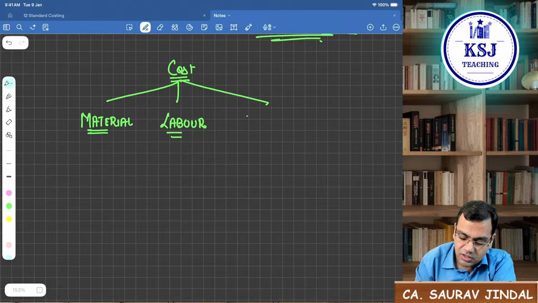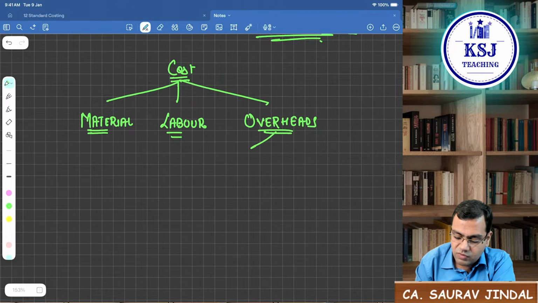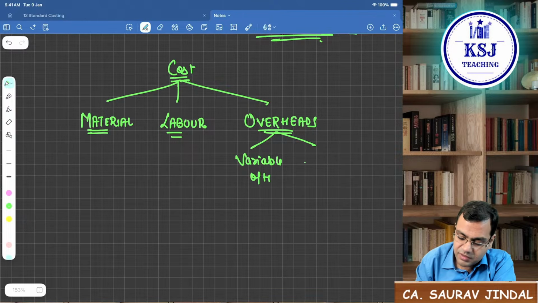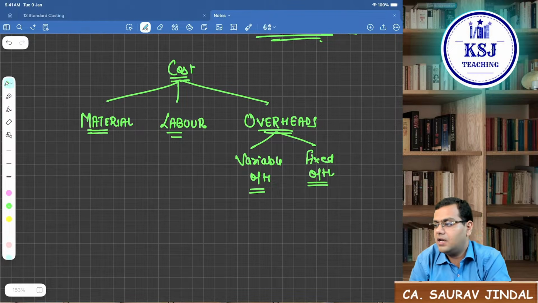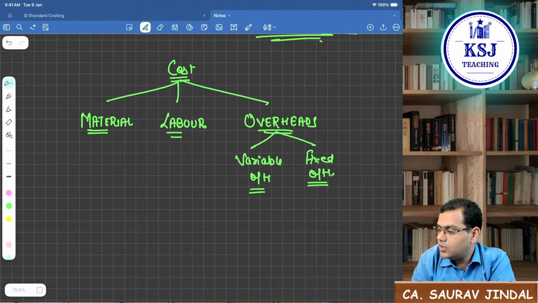And third, overheads. In the overheads, we'll talk about variable overheads and fixed overheads. So these are the things we are going to talk about: material, labor and overheads.